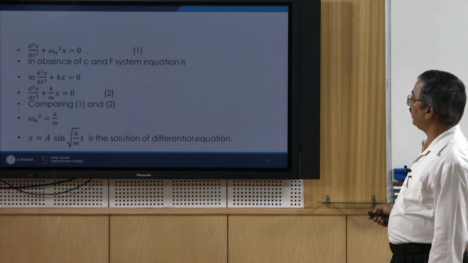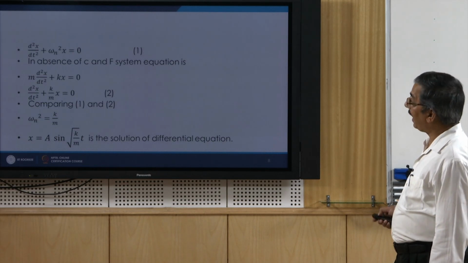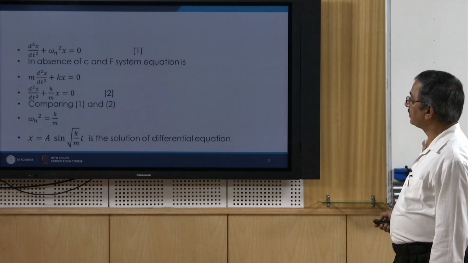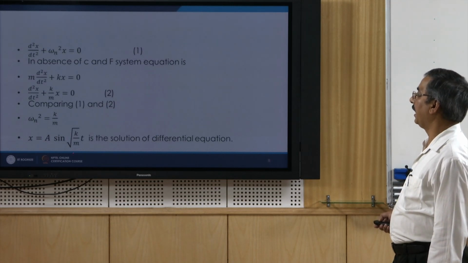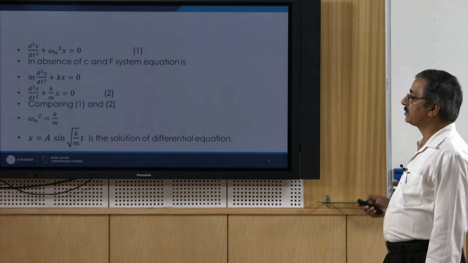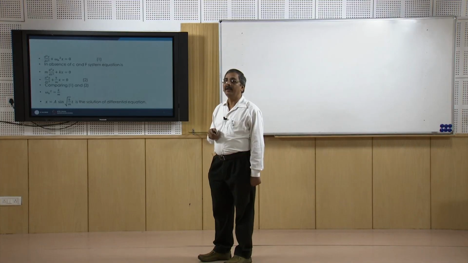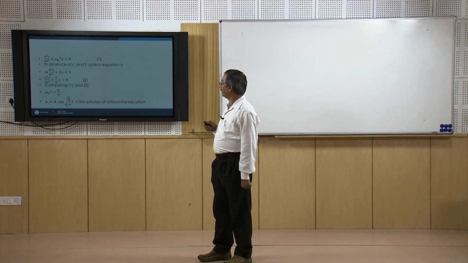So, these terms can be compared. My solution which was x equal to a sin omega n t now becomes a sin square root of k by m t, and this is going to be the solution of the differential equation for the free undamped vibration case.